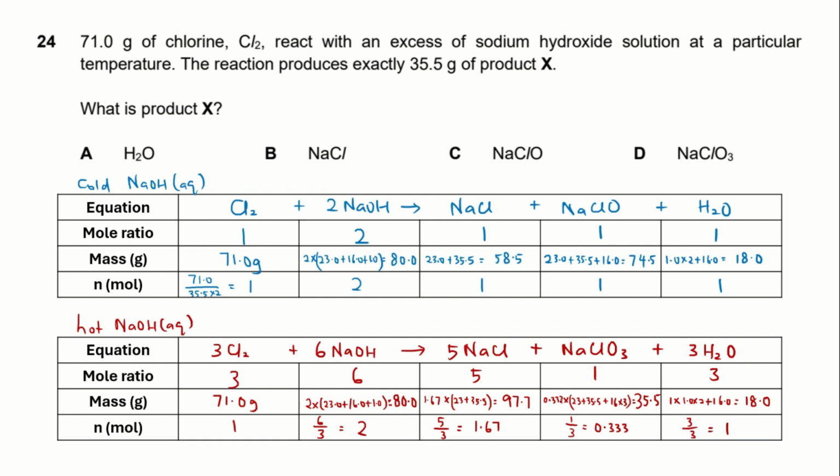Sodium chloride 5 is the one that gives us 35.5 grams. So product X will be sodium chloride 5. The answer to this question is D.